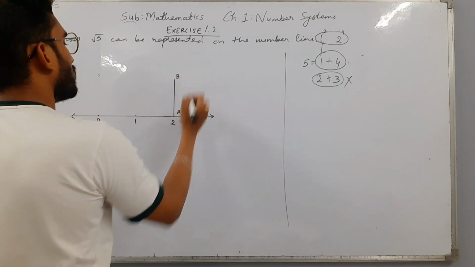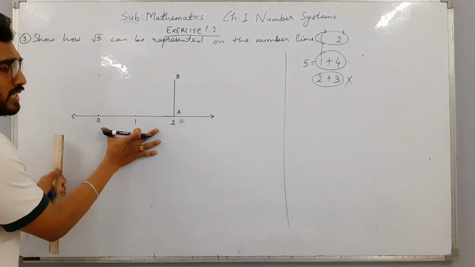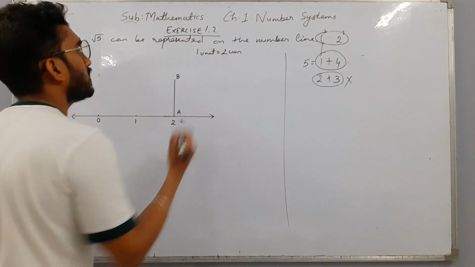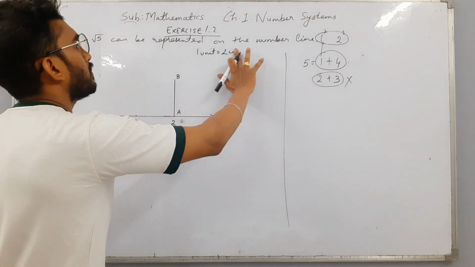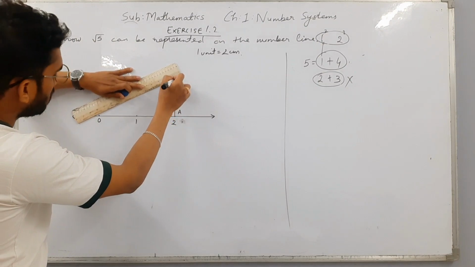So this is A, this is B, AB is 1 unit, and O to A is 2 units, and my 1 unit is equal to 2 centimeters as we took in the example part. And now join O with B.